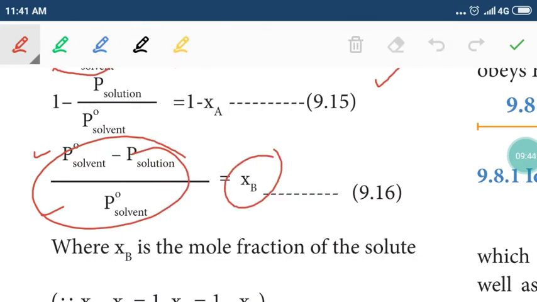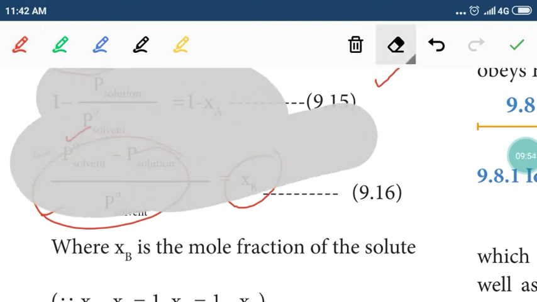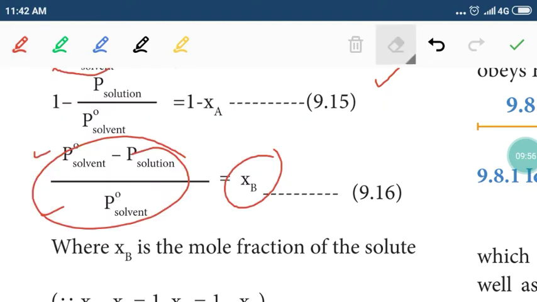So left hand side, lowering of vapor pressure: vapor pressure of pure solvent minus vapor pressure of solution.